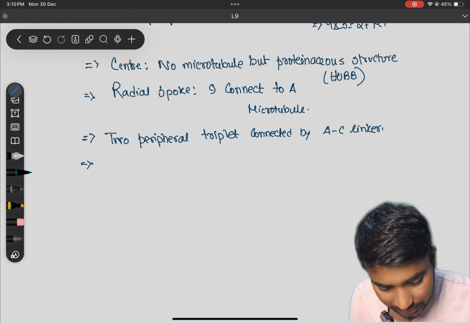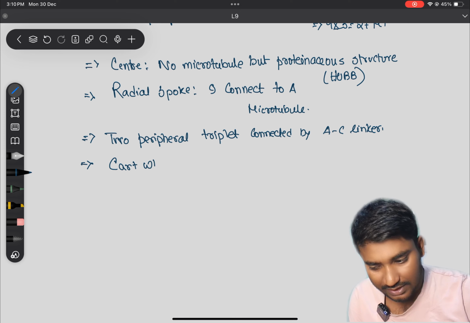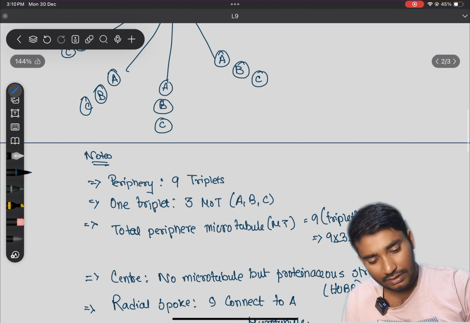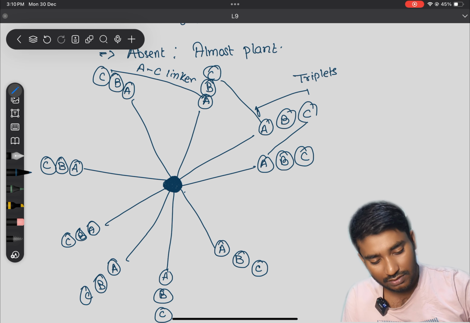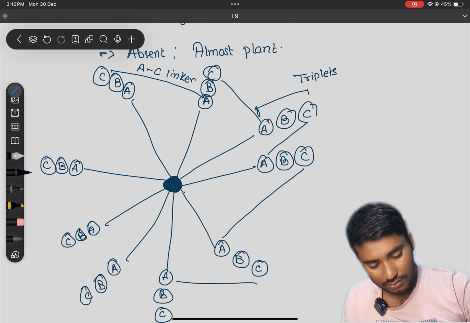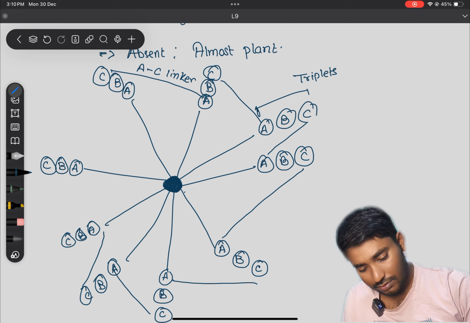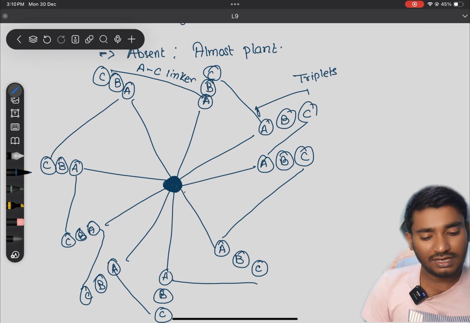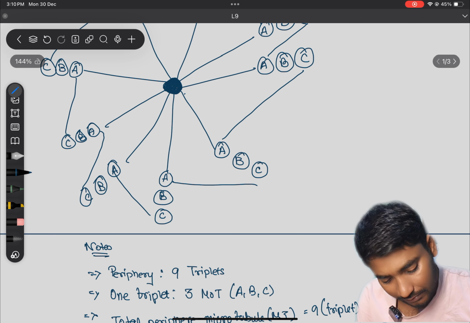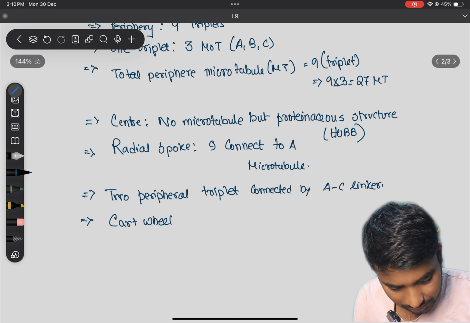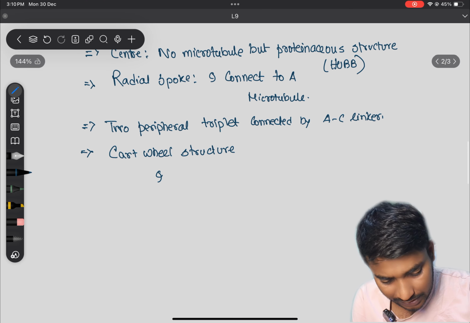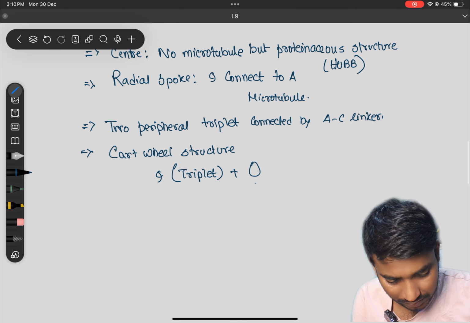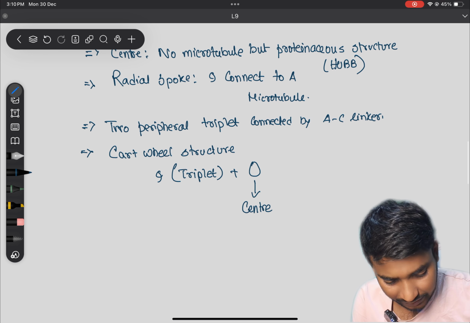Now cartwheel structure. This wheel is called the cartwheel structure because here everything is connected, C to A. Cartwheel structure: 9 triplets plus 1 center in its periphery.